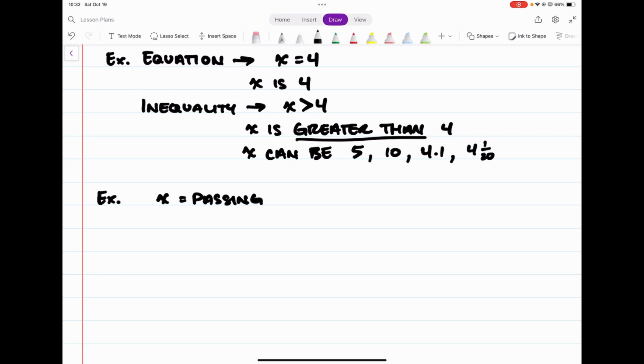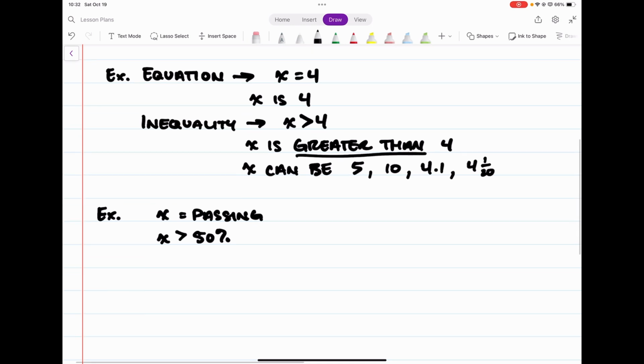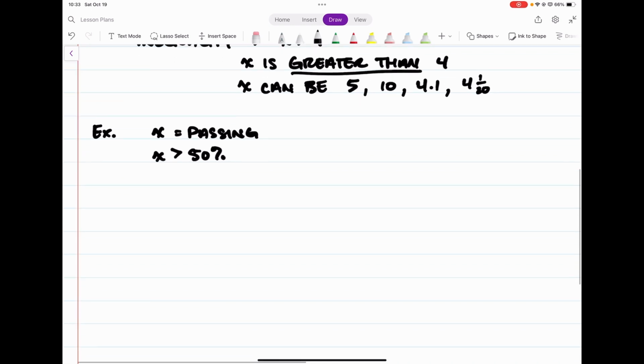In a typical school, you would have to get no less than, or at least greater than, 50%, right? So if you get 51%, that's passing. 52, 80%, or 100%, those are all passing scores. That's why we use inequalities: to express that there are a lot of these possibilities. So now let's take a look at solving these.